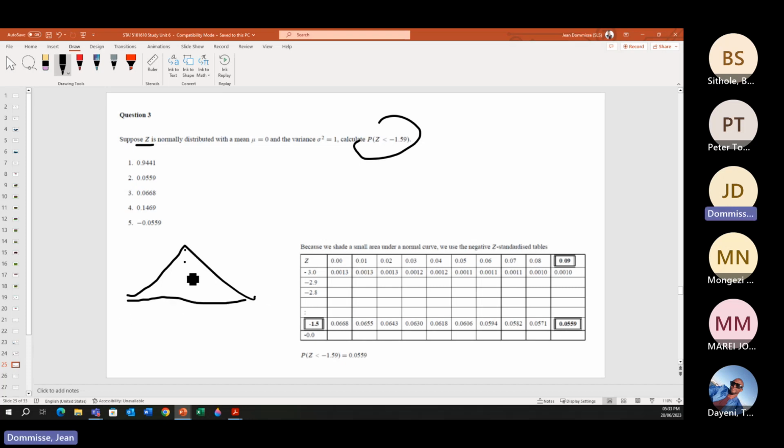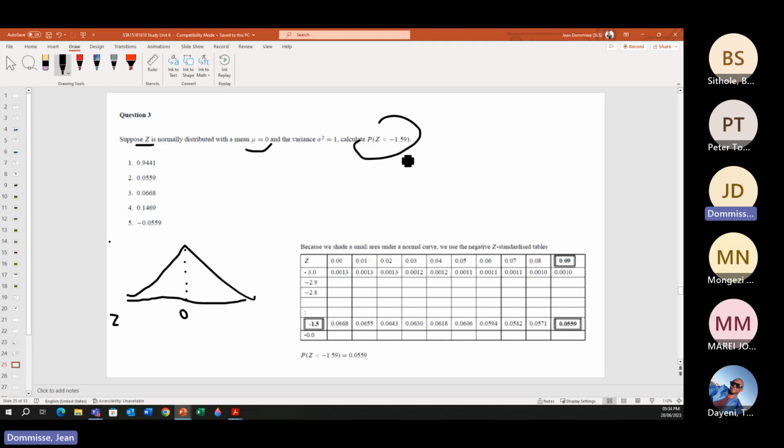We remember that if you look at the Z distribution, in the middle the mean is always 0, and here they also actually tell us this, but else we always know that when you're working with Z, the mean is in the middle.